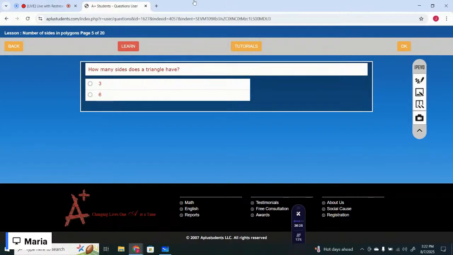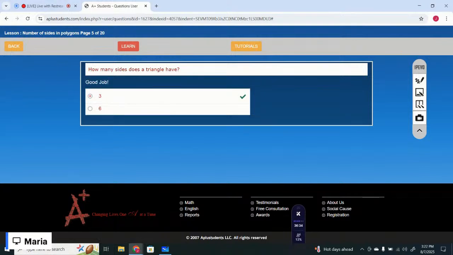A triangle has three sides. A nonagon is a nine-sided figure, a type of polygon, but it has nine sides.